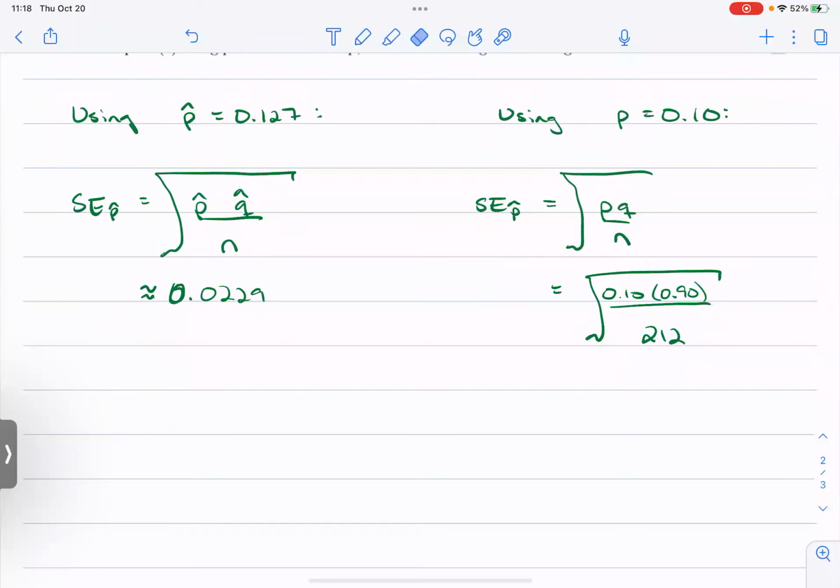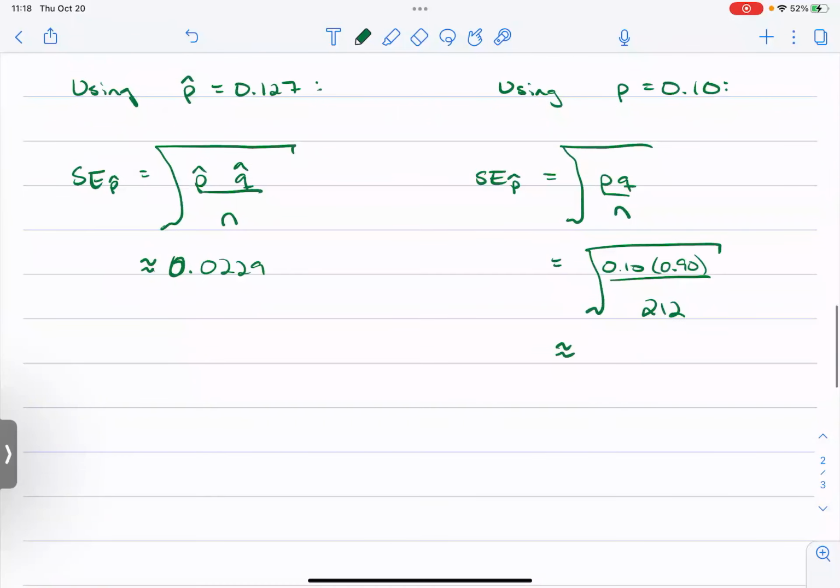And this is approximately equal to 0.0206. I'd say the difference between 0.0206 and 0.0229 is small. They're still in the same magnitude, 0.02, and so we're pretty safe to be using these. Our answers would change just slightly, but not significantly or drastically.